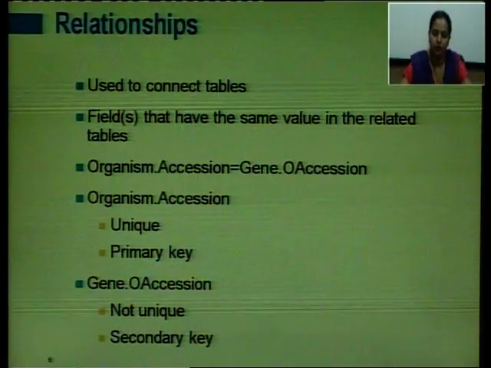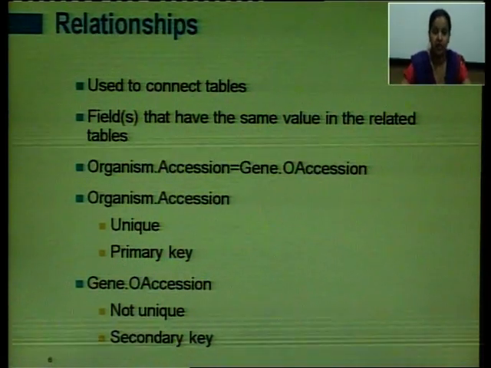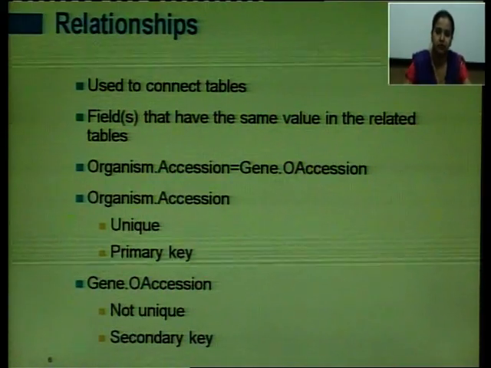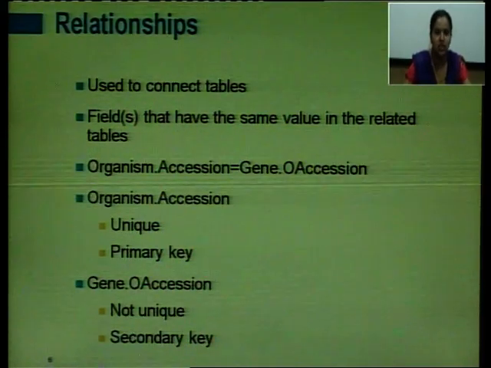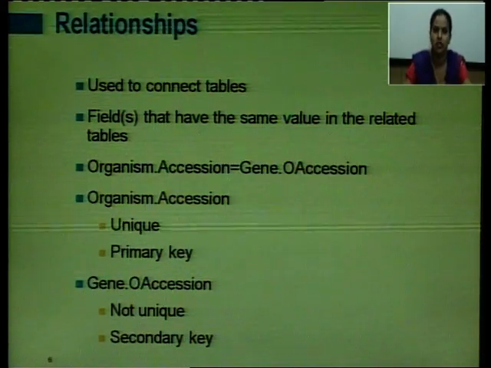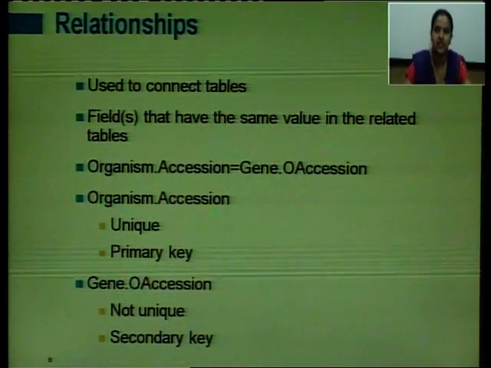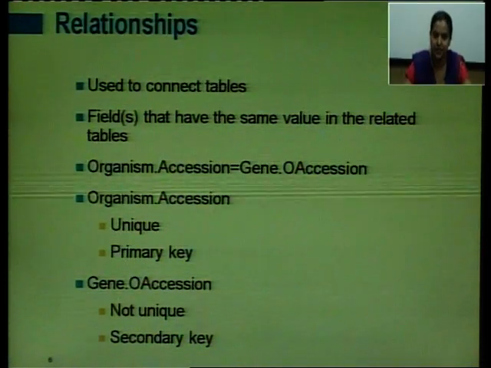The other concept is relationships. Relationships are the logical dependence or interdependence between the data. These relationships are used to connect tables, using fields that have the same value in the related tables.